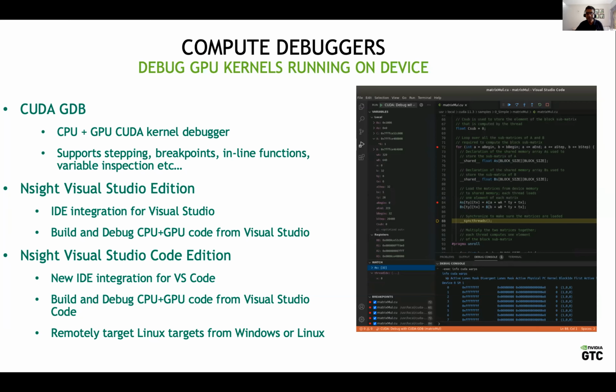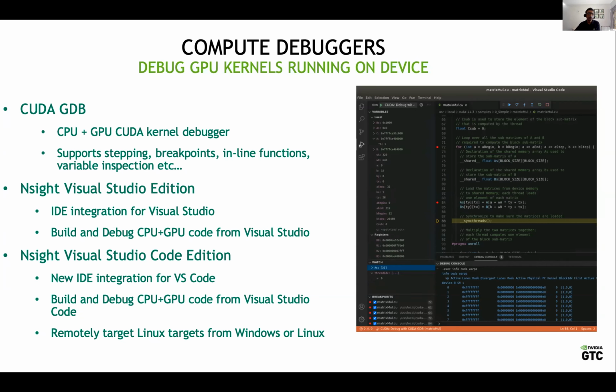Here is a screenshot of CUDA-GDB integrated into Visual Studio Code, where it shows you the source code and the breakpoint at which you are, and it shows you the state. It also has a console where you can type in commands, so that makes it really convenient. It shows you your breakpoints, and this is the state of your variables here.